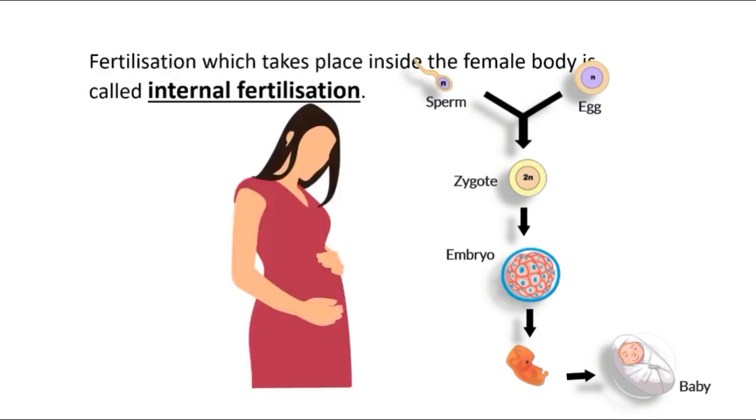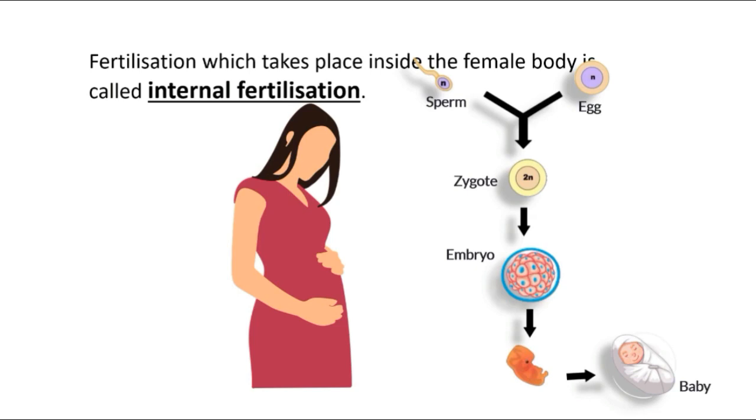Fertilization which takes place inside the female body is called internal fertilization. You can see it on the screen. In humans, it's an internal fertilization because the entire process of fertilization till the baby comes out is inside the mother's womb, or we call it uterus.